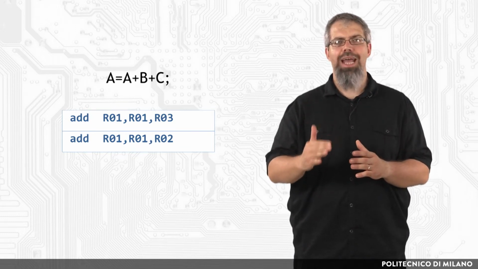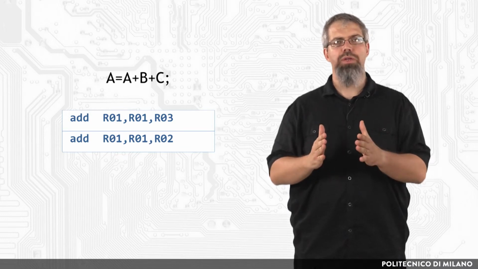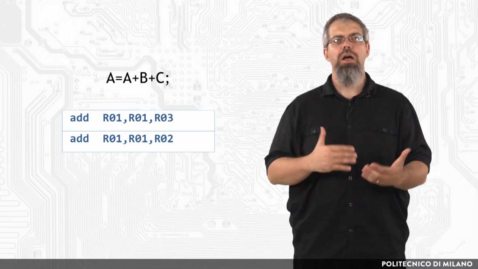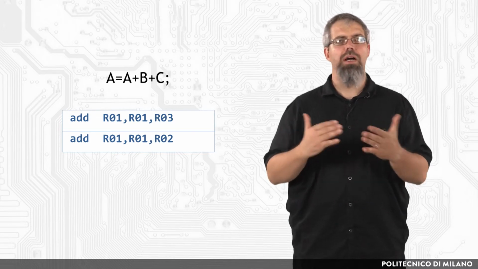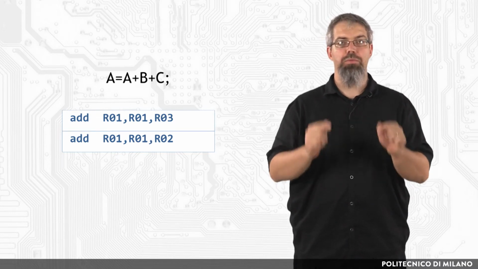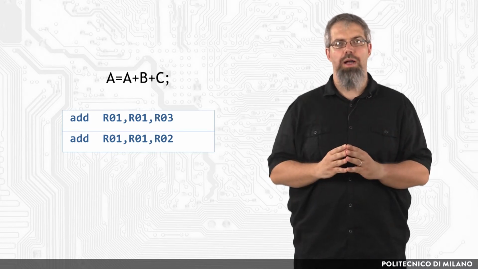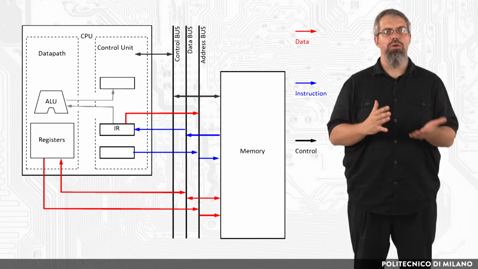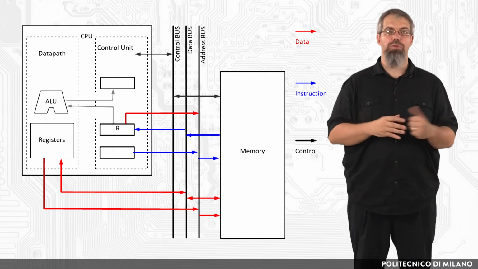The first instruction, add R01, R02, R03, is basically telling us that the input values for the computation are stored in registers R02 and R03, and the result of the computation is stored in register R01. Similarly, the second instruction is computing the result on R01 using as input values R01 itself and R02.